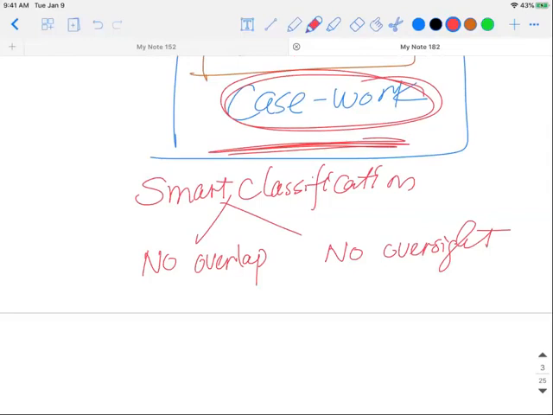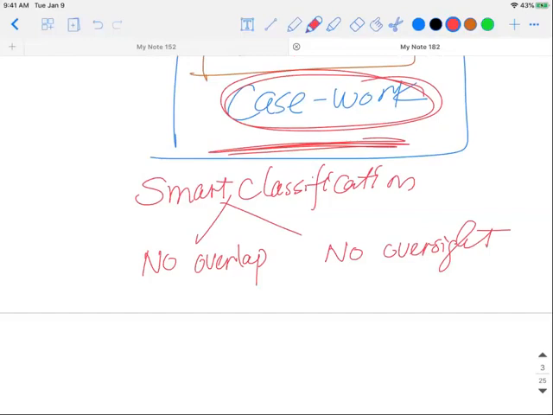The other part is no oversight. Whenever you classified everything into, let's say, 5 different cases, hopefully your 5 different cases already covered everything. If there are some things still not covered in these 5 cases, means you have some oversight. Is that right? So your thinking process is not comprehensive enough.